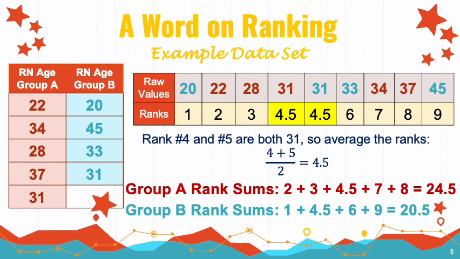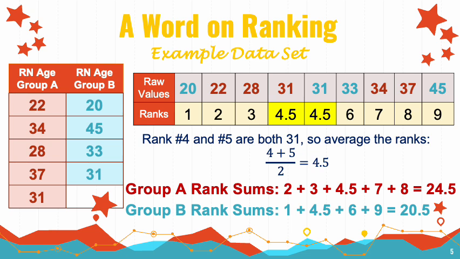The next thing that you need to do is sum the ranks for each group. You will notice that when I wrote out the raw values, I had group A in red and group B in blue. This made it very simple for me to go back and sum the values.